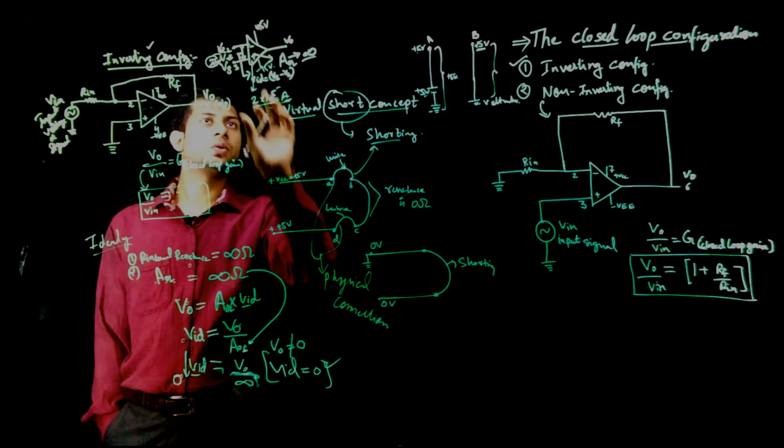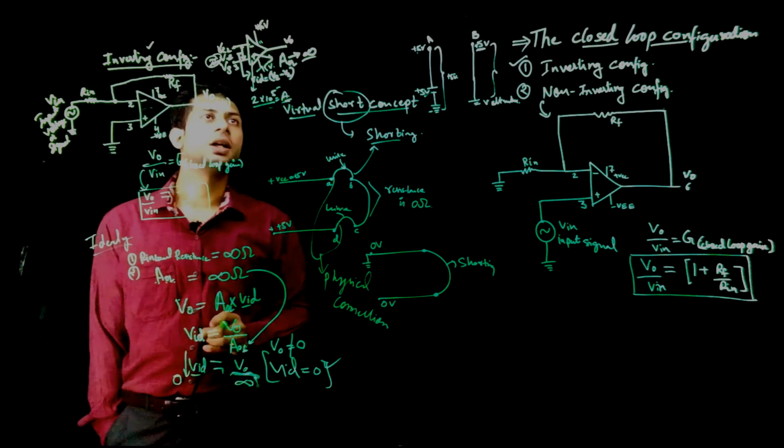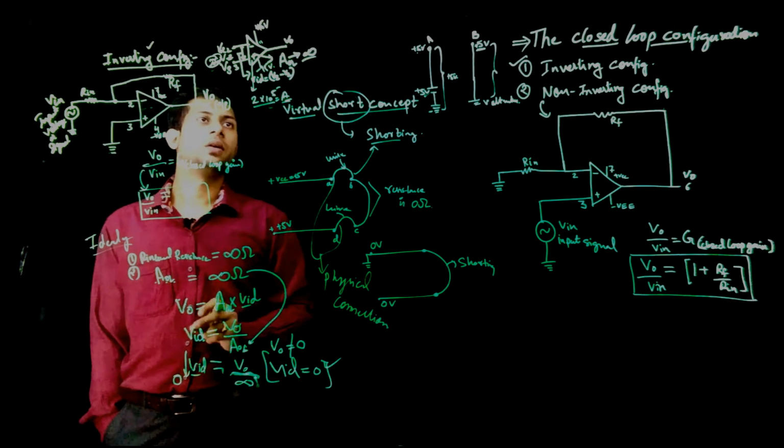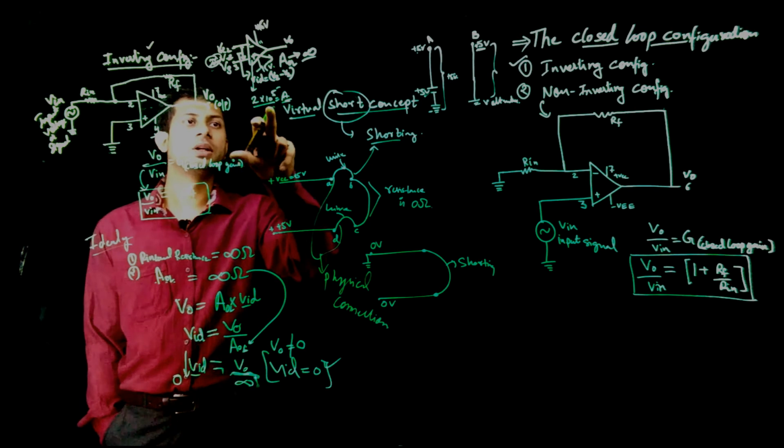So the voltage will stay between these two voltage levels. It will not go to infinite or so large voltage, because 2 lakh is very much large.